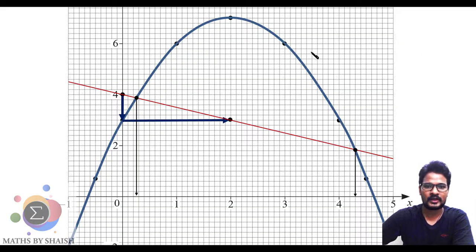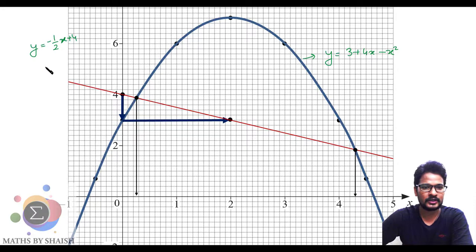So here's the previous graph, y equals 3 plus 4x minus x squared, and now we had to draw, I have drawn it with the help of software, y equals -1 by 2x plus 4. If we want to draw a straight line, we have two options. Either we find 2 points on the line, or we can use the form y equals mx plus c.